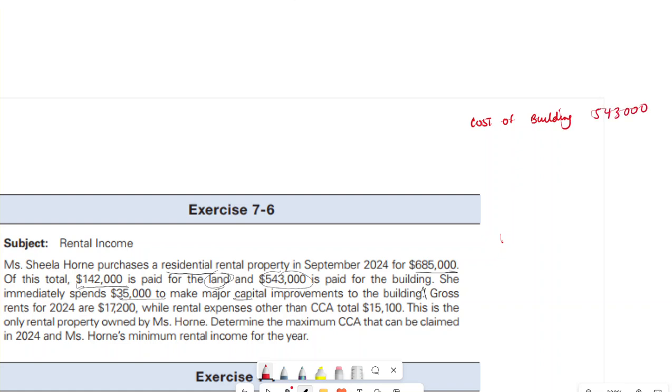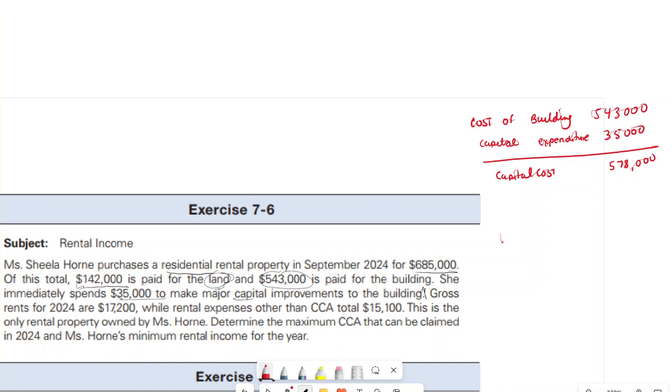And then she also spent a capital expenditure of 35,000. So the total capital cost for the building is going to be 578,000. So we call it a capital cost. We're not doing it for the land because land does not depreciate, but the building depreciates.